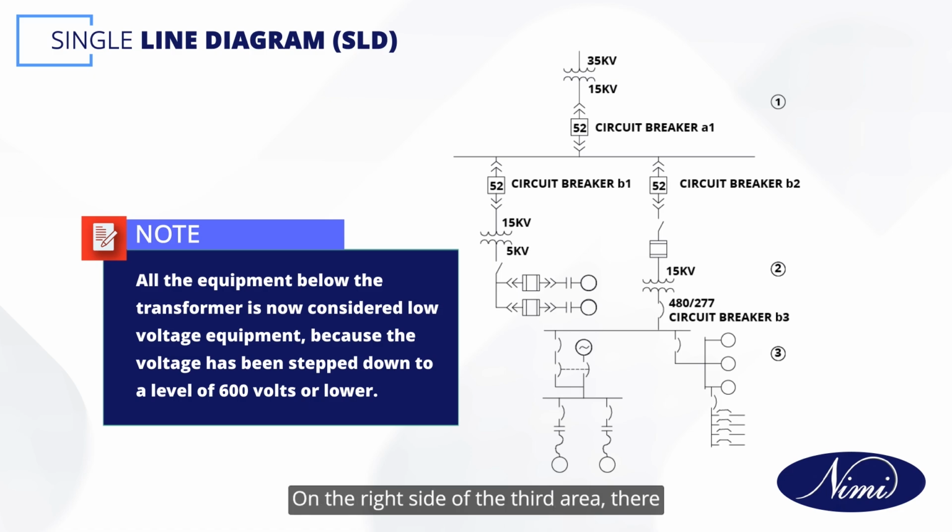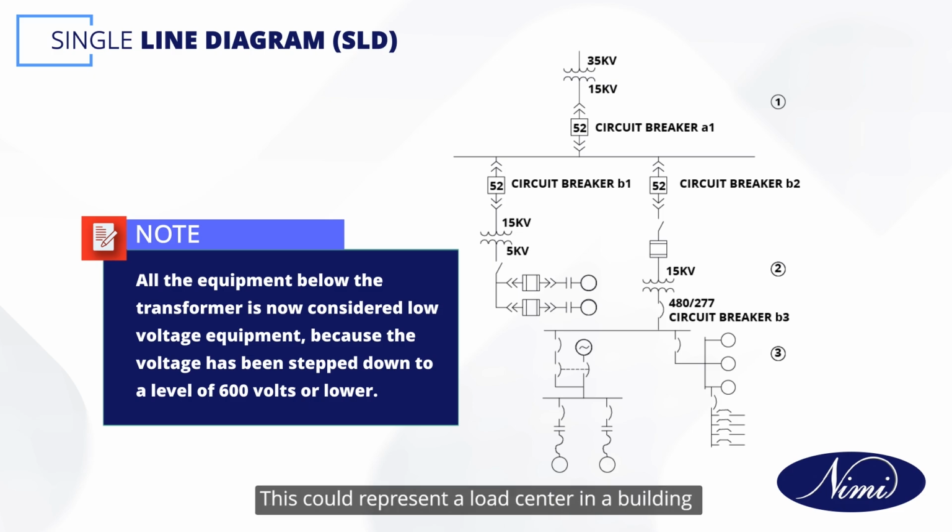On the right side of the third area, there is another fixed circuit breaker connected to the bus. It is attached to a meter center as indicated by the symbol formed by three circles. Below the meter center is a load center or panel board that is feeding a number of smaller circuits.